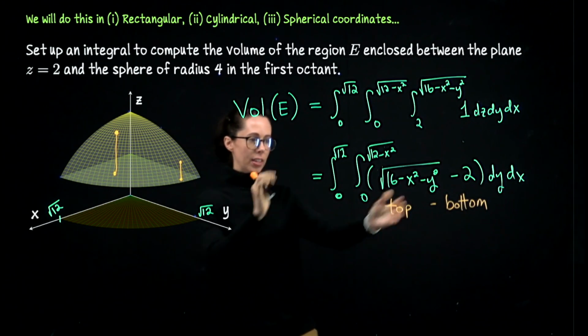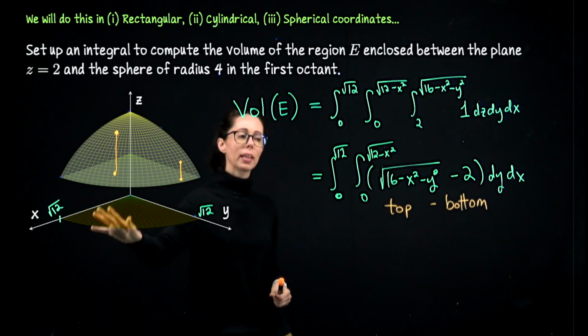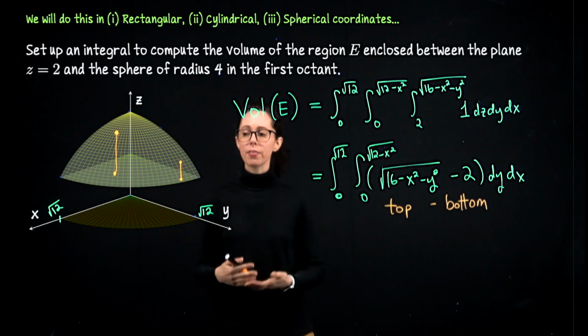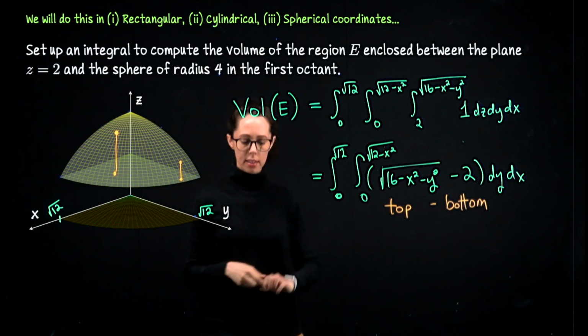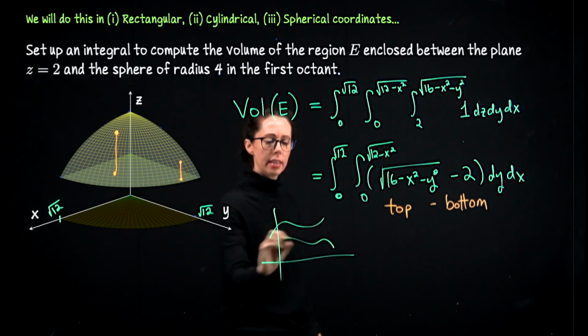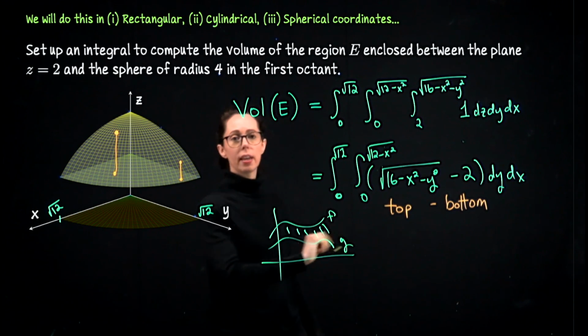So it's like if I started here, I would think of this shadow down in the xy plane as my domain of integration. And then I would say what we're integrating is the difference between two functions of x and y. It's analogous in single variable calculus to when you compute the area between two curves by saying it's f minus g as your integrand.